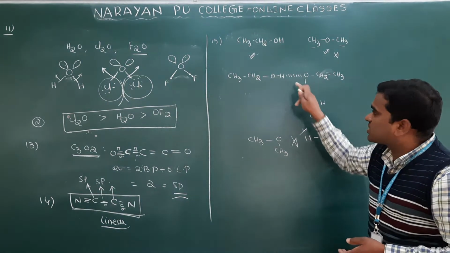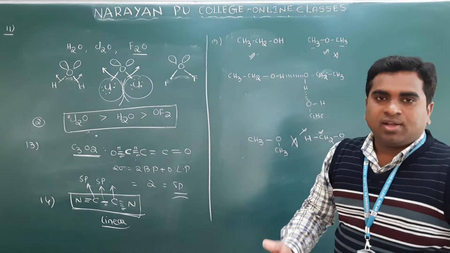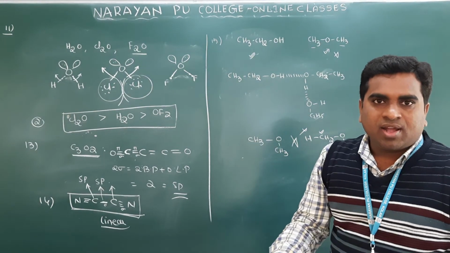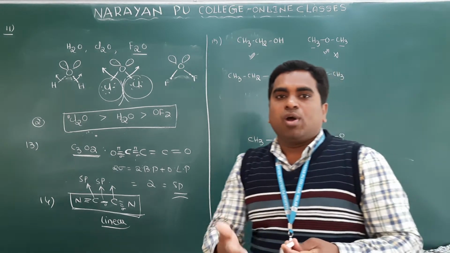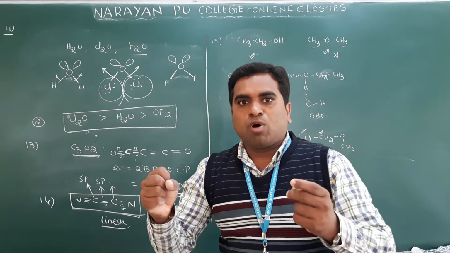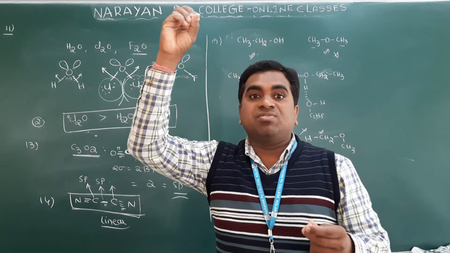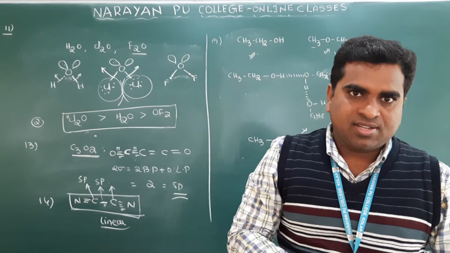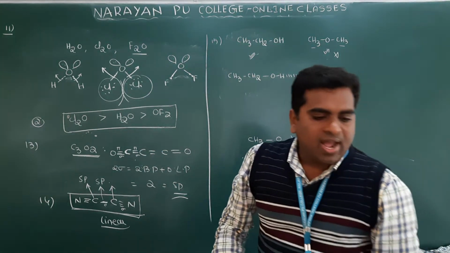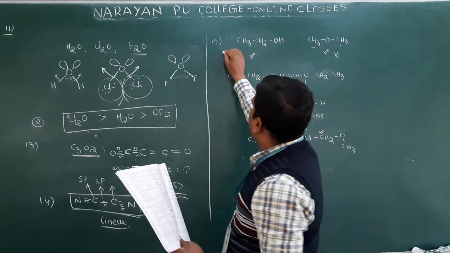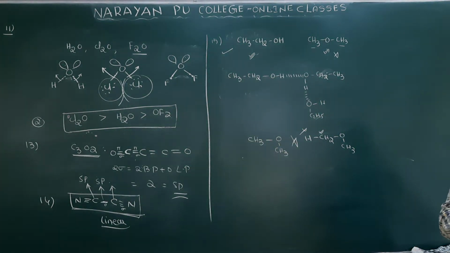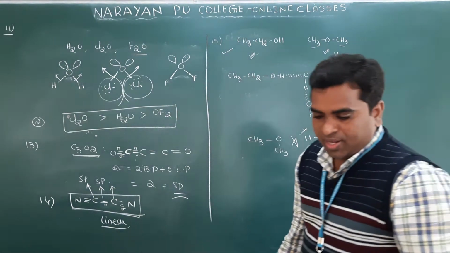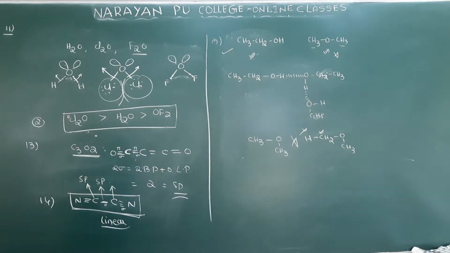Extra bonds to break means extra energy supply, and that extra heat energy we call the boiling point. If extra bonds are there, automatically the boiling point increases. Clear? That is why ethanol has a high boiling point, due to hydrogen bonding. So this is question number 15.